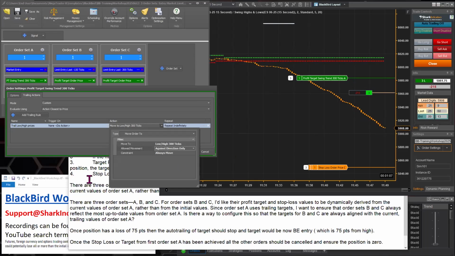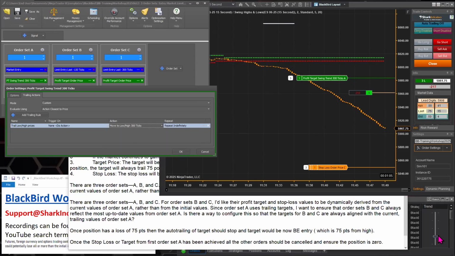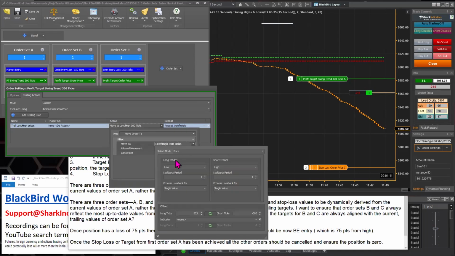And actually, I'm going to stop this for a moment here. So our profit targets are following the low price if we're in a long trade, right? We're taking the low price and then adding 75 points or 300 ticks, right?